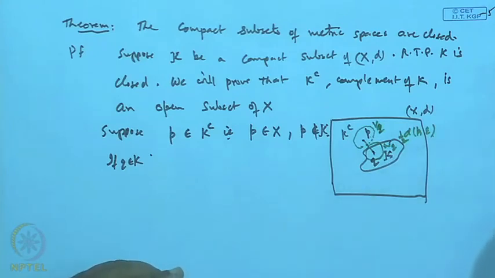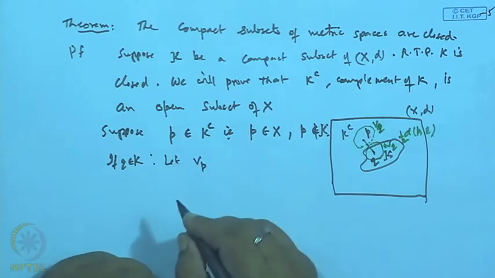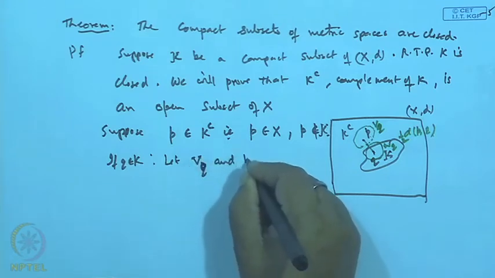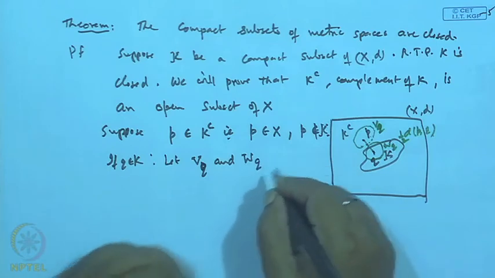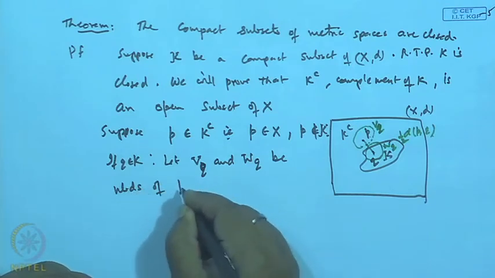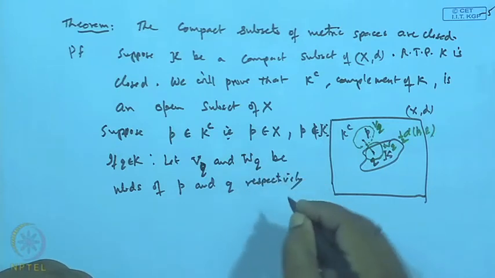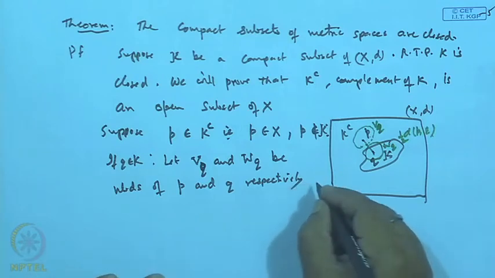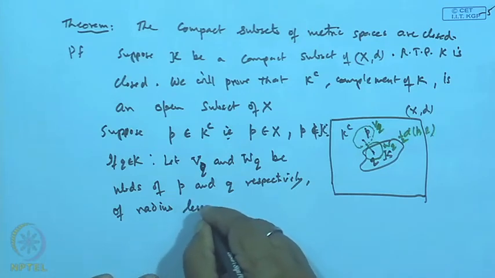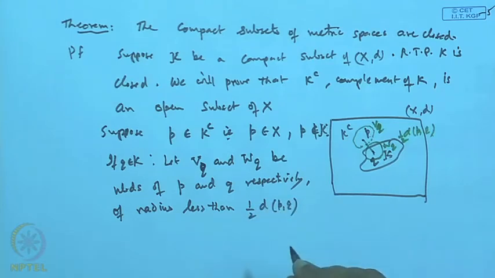So, let V q and W q be neighborhoods of p and q respectively, of radius less than half the distance between p and q.